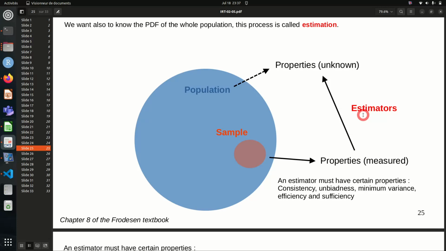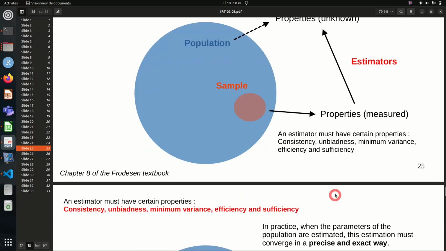So these estimators, basically it's like when you fire an arrow at a target. You take the bow, you aim at the target, and you want the arrow to fly straight into the center. And it's the same for the estimators, except that instead of saying direct into the target, we have some words like consistency, unbiasedness, minimum variance, efficiency, and sufficiency.